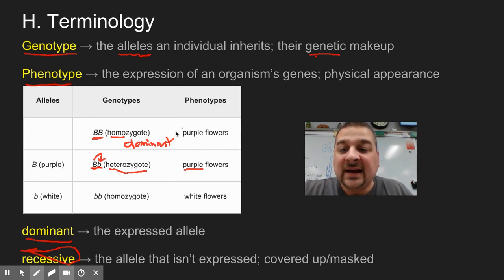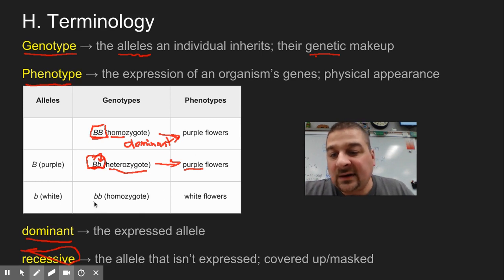Remember phenotype is the actual physical appearance. So you could have two different genotypes, homozygous dominant or heterozygous, and you will still have the same phenotype. Different genotypes, same phenotype because of the whole dominant recessive thing. And then down here, the third possibility is that you have two of the same recessive. This is homozygous recessive.